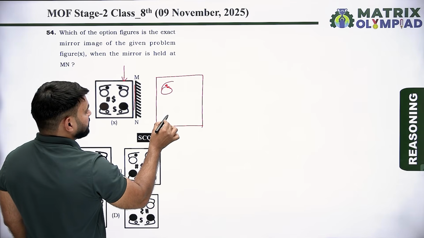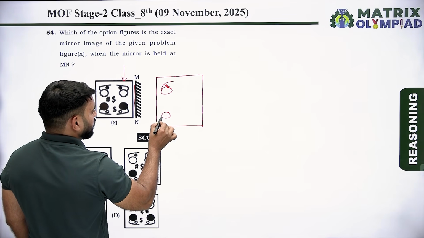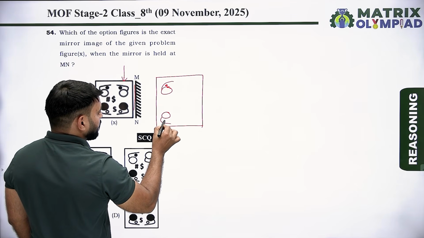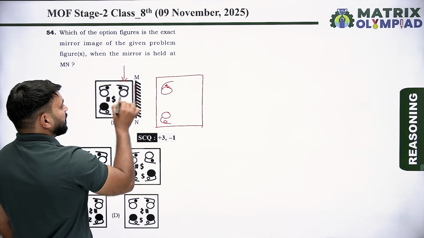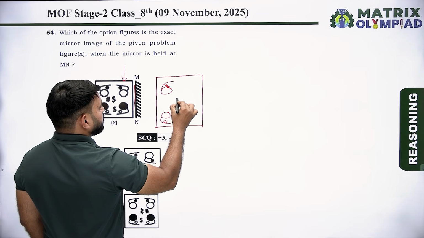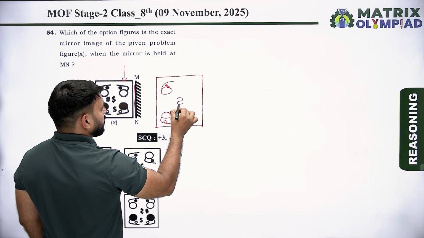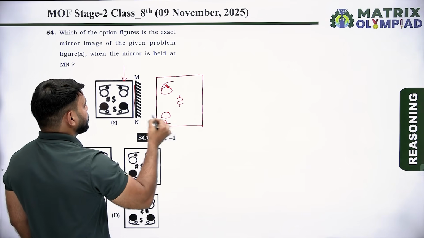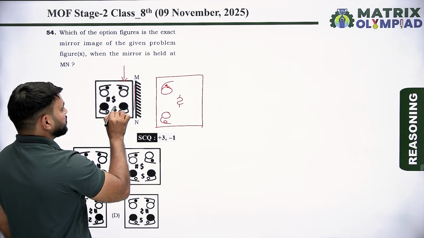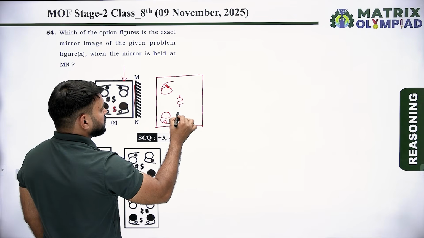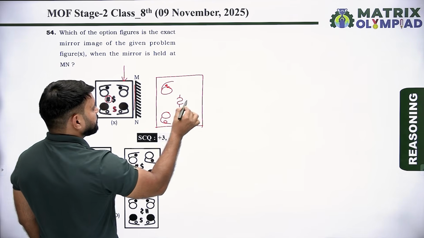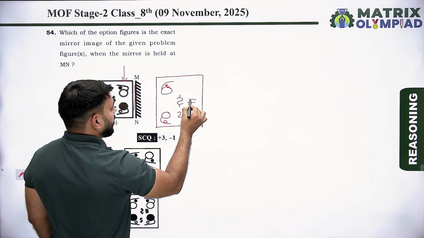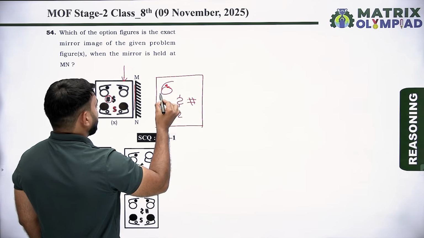And the mirror image of this part will look something like this, and the mirror image of this part looks as follows, and the mirror image of this part will look something like this, and the mirror image of this part looks as follows.